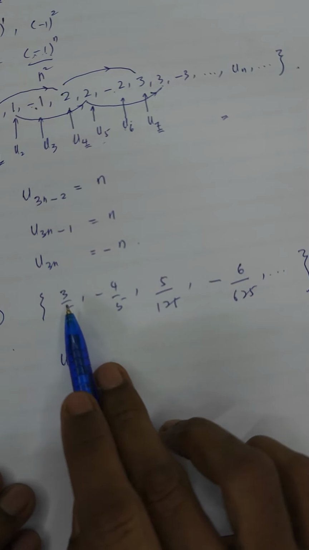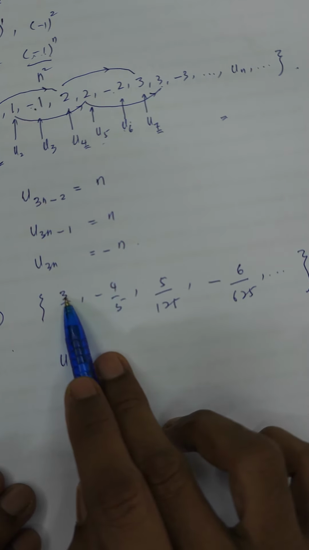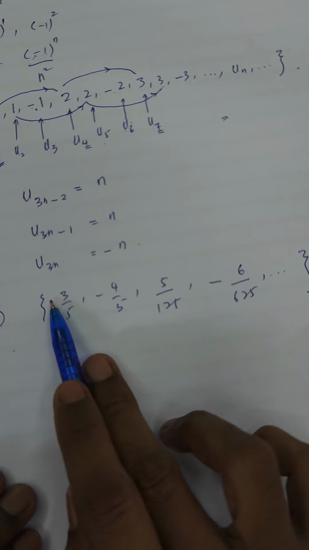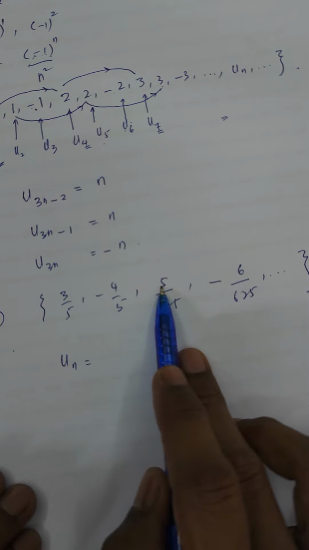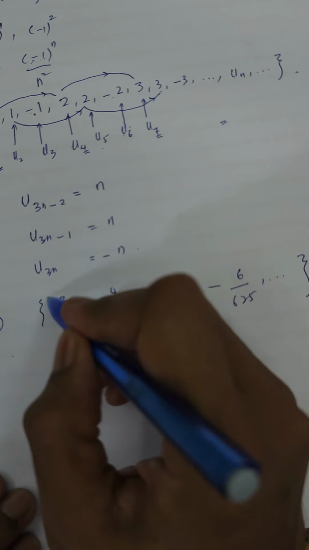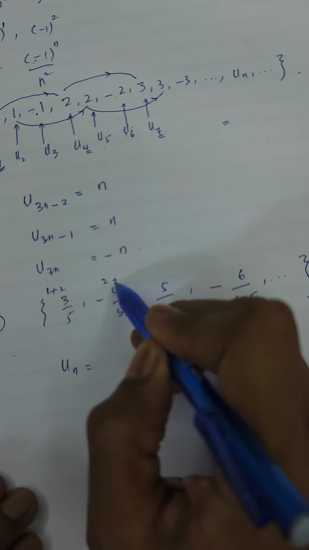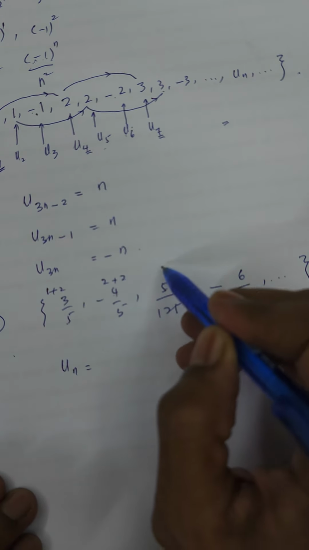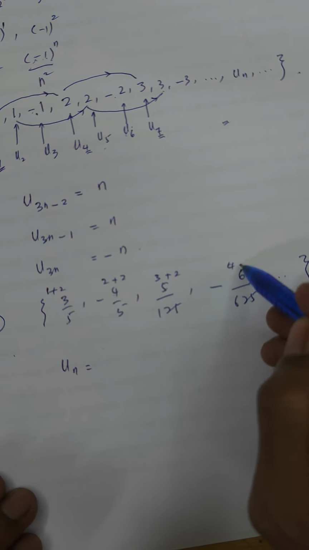You look at the upper part here, to get 3, this is the first term, so we have 1 plus 2, 2 plus 2, 3 plus 2, and we should expect 4 plus 2.